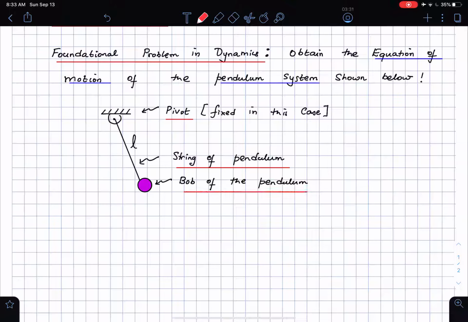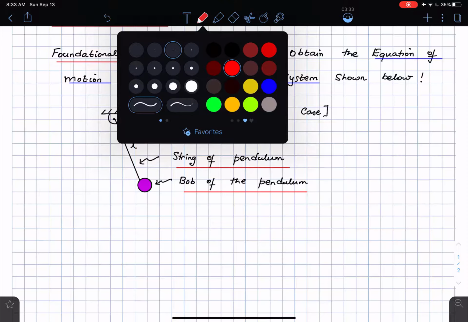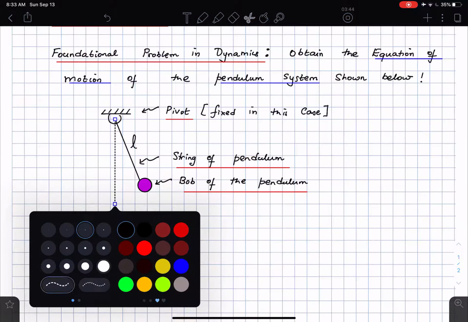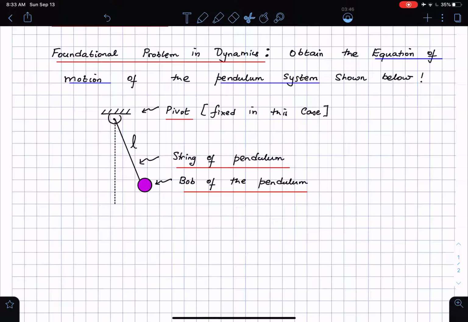So this is the pivot, then I have the string of the pendulum, and then I have the bob of the pendulum. At any point in time, let's say that the equilibrium position of the pendulum was this vertical location. So I'm going to write it down as a dotted line. This is the equilibrium position of the pendulum.